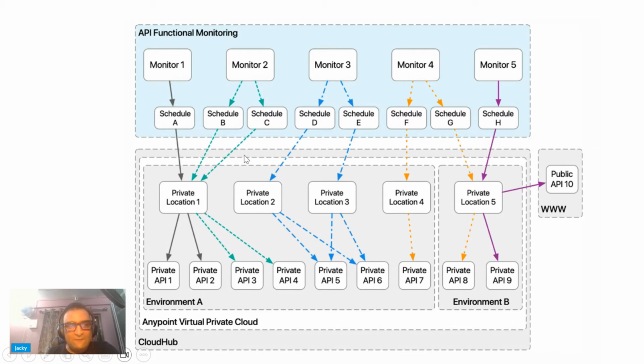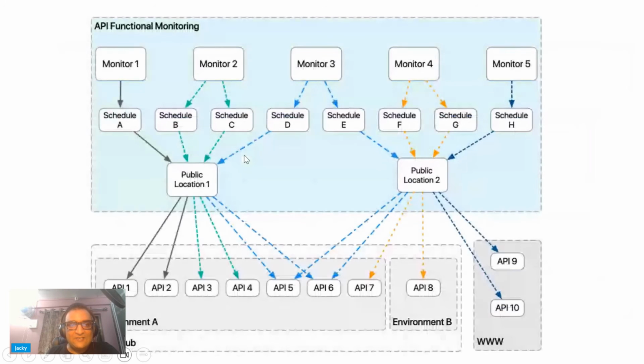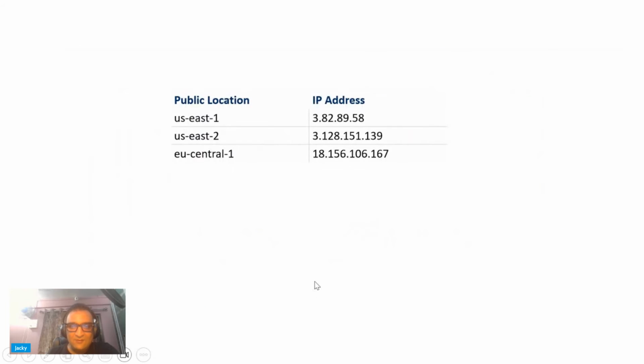And the only difference between the previous diagram and this diagram is that in the previous diagram, the public location is at platform level, not at a VPC level, right? These public locations are shared locations, so multiple tenants of MuleSoft can share this particular location, and through this location all the public APIs get monitored.